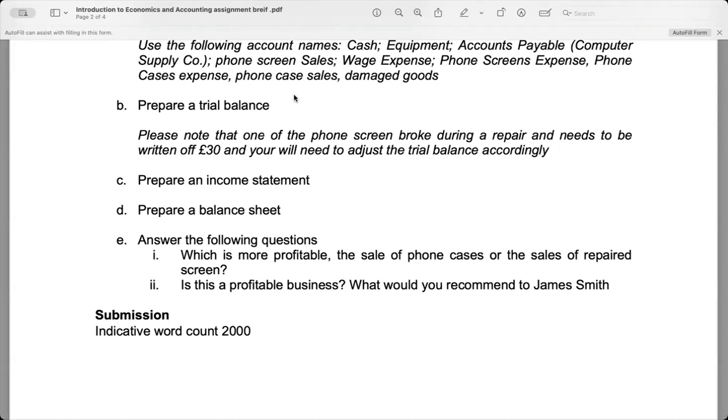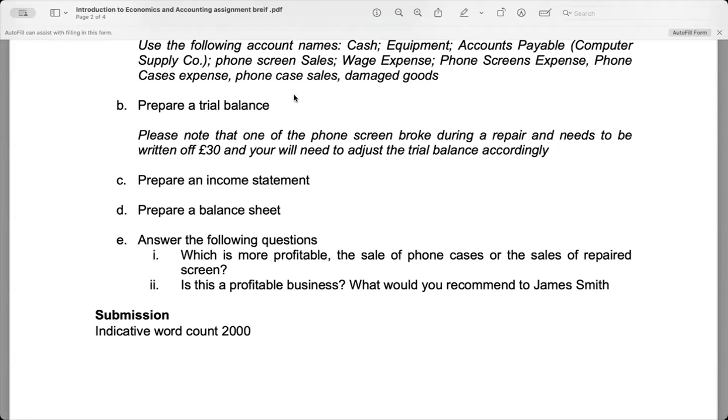To ensure a successful submission, follow the assignment guidelines and requirements carefully. Formatting and structure: use a clear and readable font such as Times New Roman or Arial, size 12. Use 1.5 line spacing. Use headings and subheadings to organize your answer logically.